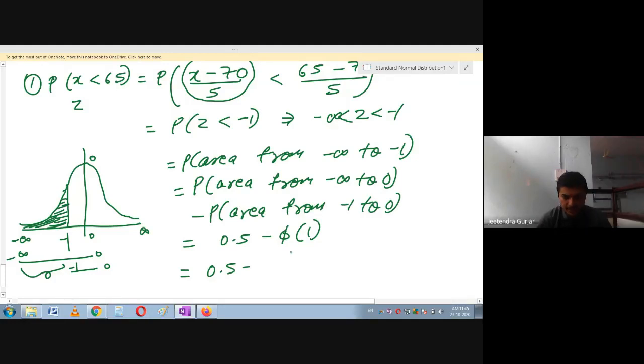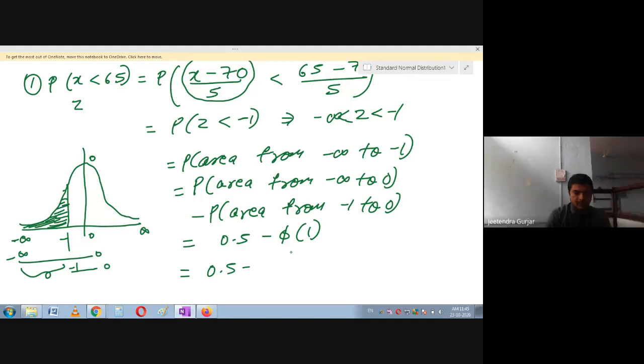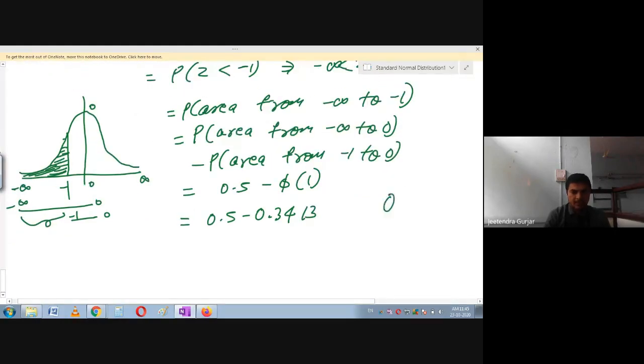You simplify in the calculator. Yes, Rahul? 0.3413. Yes, we get this value as 0.3413. So it is very simple. Substitute in the calculator. I think phi of 1, you will get this as 0.3413, students. So please, everyone find it separately.